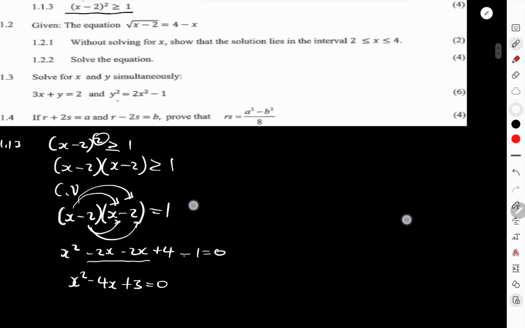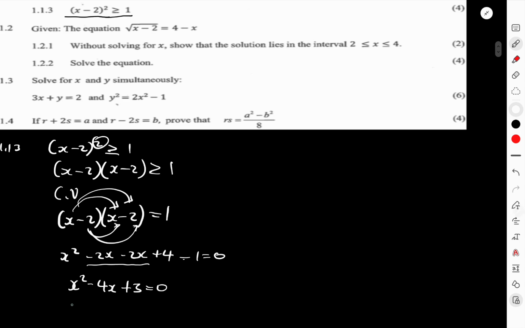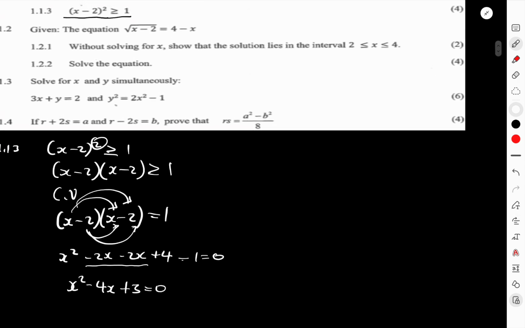Now after having such, we are required to factorize. So for us to factorize, we can either use the quadratic formula or we can use this method. Look for two numbers such that when you multiply, they give you positive 3, but when you add these two numbers, they give us negative 4. So we know that 3 times 1 will give us 3, and also negative 3 multiplied by negative 1 will also give us positive 3.